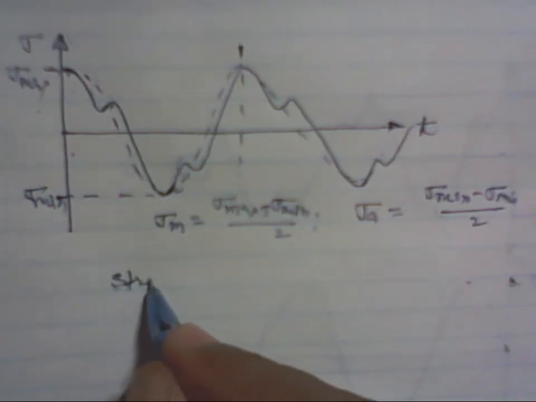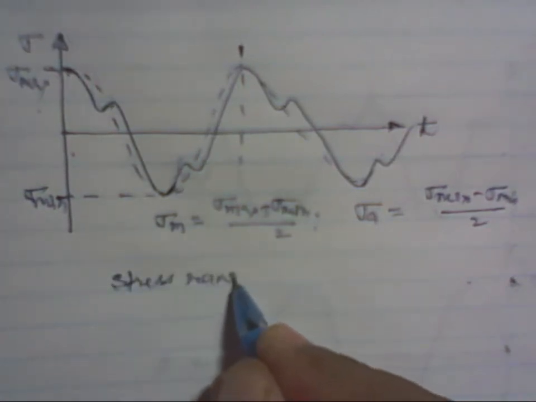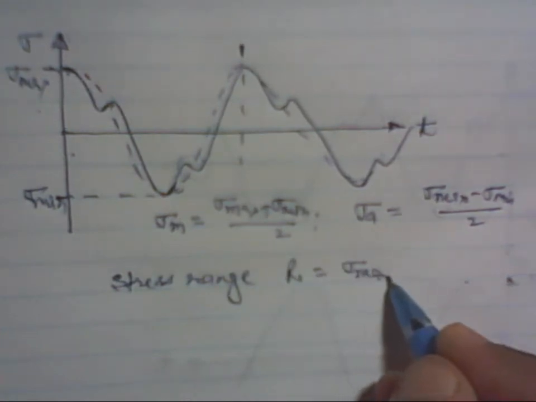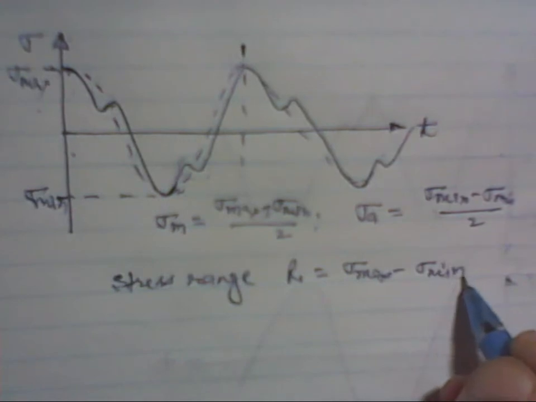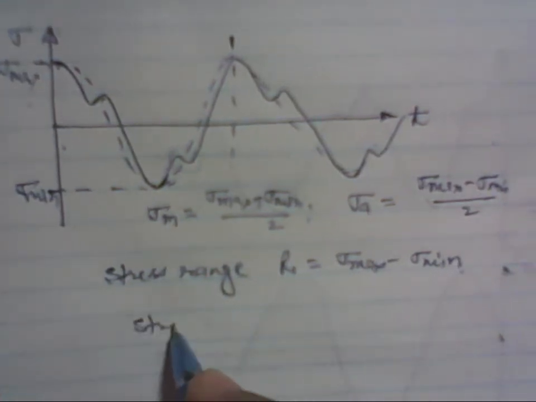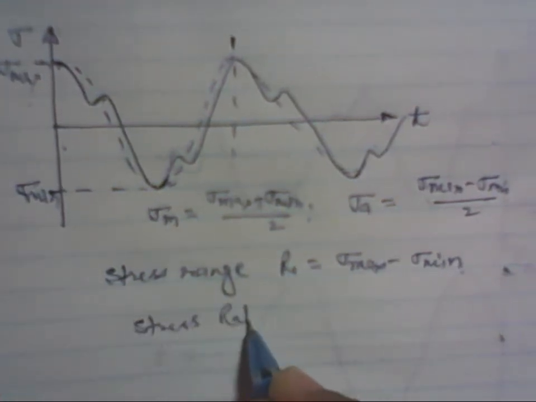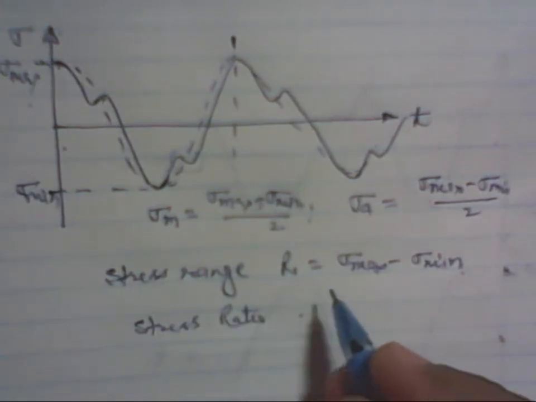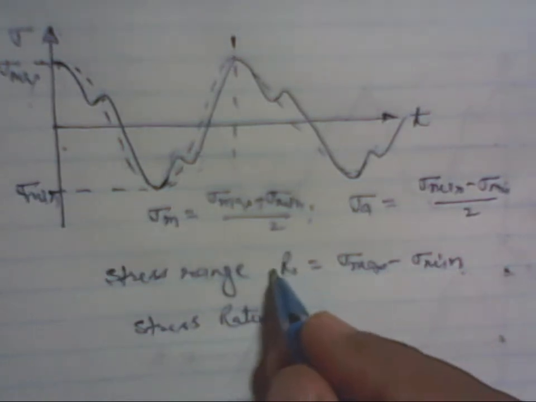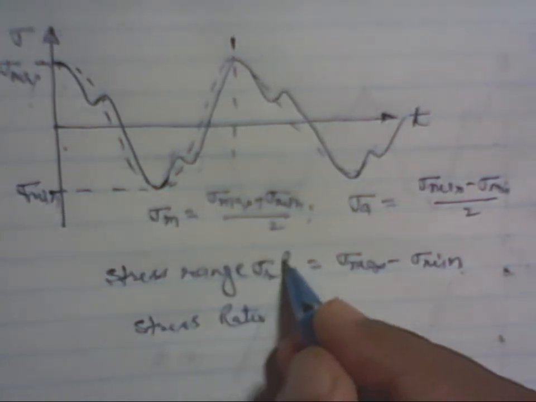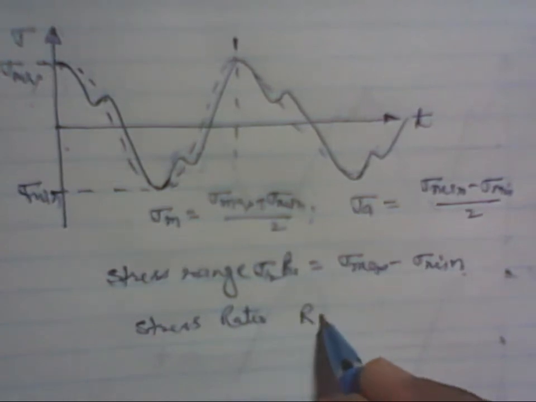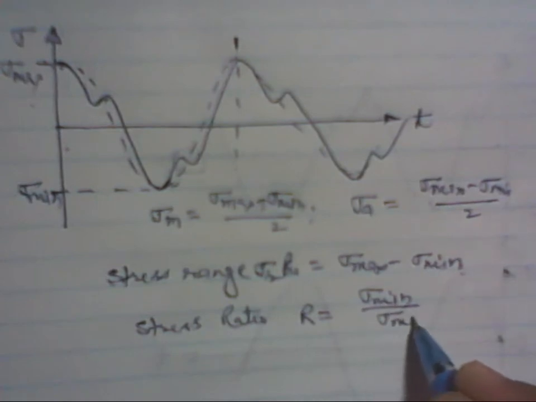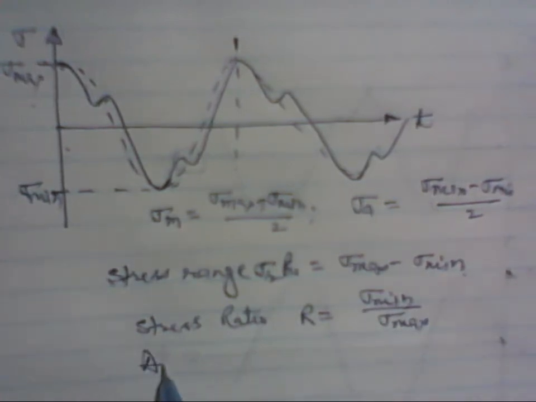One is stress range. The stress range is designated by sigma R, and it is the difference of maximum and minimum. Then we have stress ratio, represented by R, given by sigma minimum over sigma maximum.